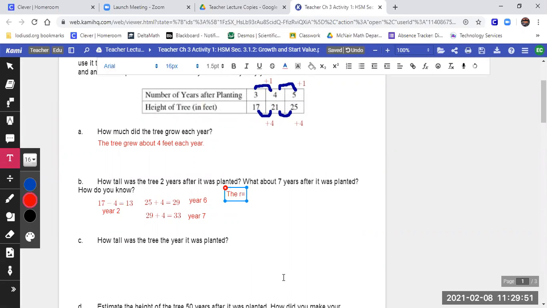The tree was, because it's past tense, about 13 feet tall 2 years after it was planted.